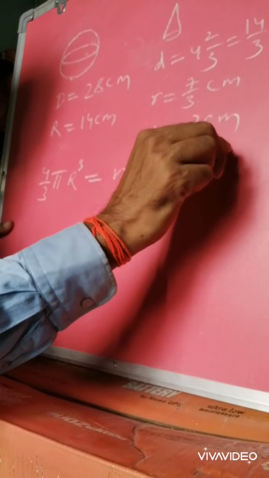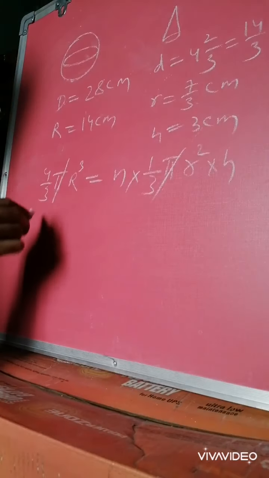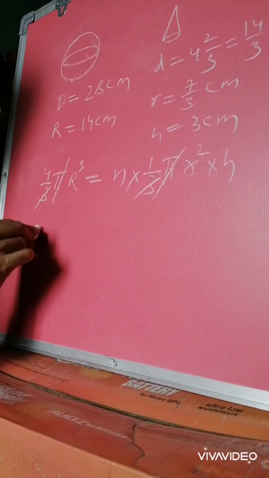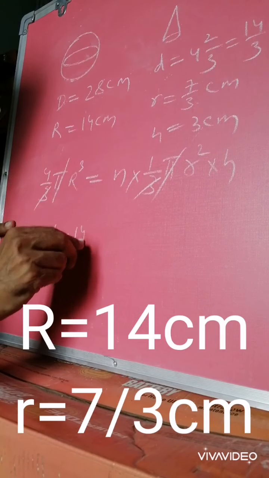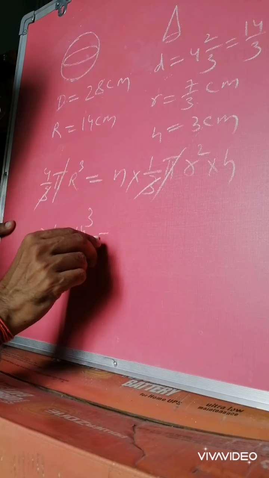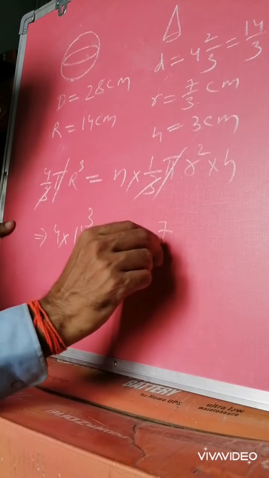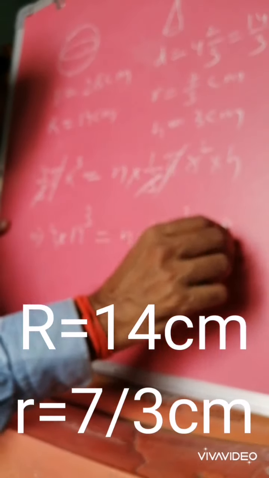Now pi can be cancelled, 1 by 3 can be cancelled. So here 4 into R cube, R is 14 cube, is equal to n into r square, which is 7 by 3 whole square, into h, which is 3.